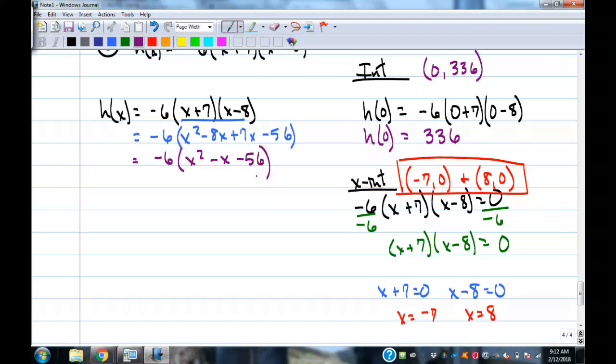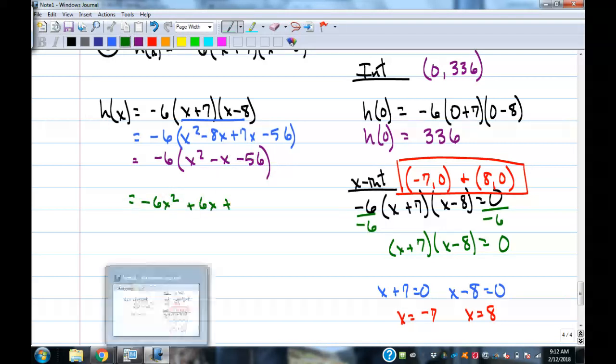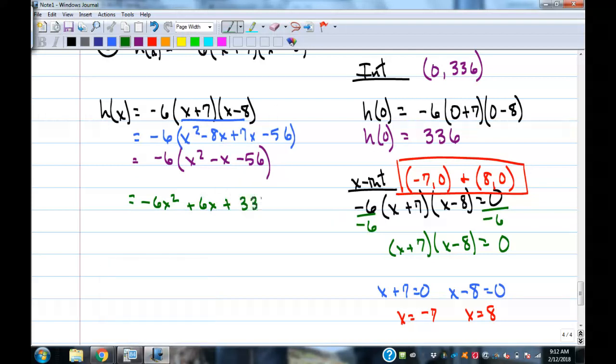And then distribute the negative 6. So negative 6x squared plus 6x plus 336. Shouldn't be a surprise that it's 336, because what's our y-intercept? 336. Those match up. There's a place to check to make sure you multiplied it out correctly.